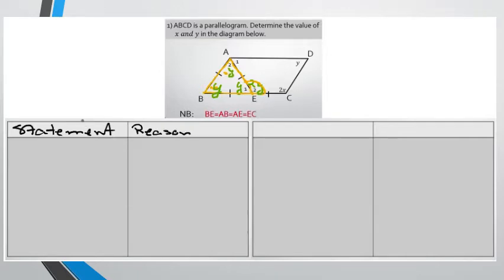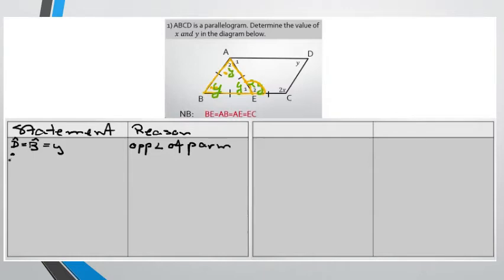Let's make the statement first: angle D must be equal to angle B, which must be equal to y, and the reason for that is opposite angles of a parallelogram are the same.